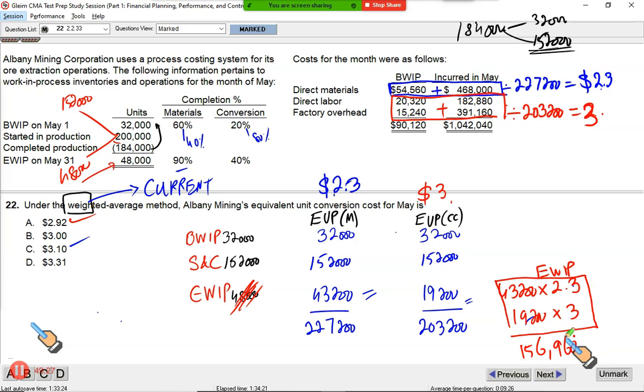Okay. Now, if you ask me, sir, what is the value for the goods completed? I will take what is there. How many units did we complete? 32 plus 152, since they are the same, gives you 184. So there are 184,000 EUPs of material to be valued at the rate of 2.3.